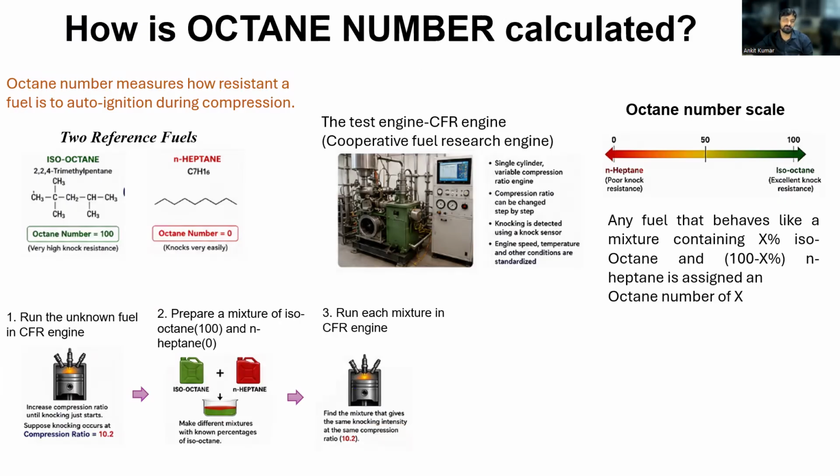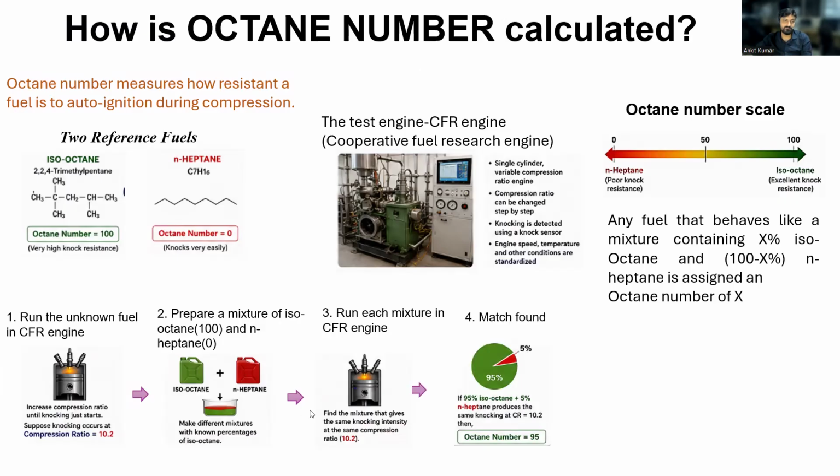Run each mixture that you have prepared using isooctane and N-heptane in the CFR engine, and find the mixture that gives the same knocking intensity at the same compression ratio of 10 to 2 as the unknown fuel. This is how you perform the experiment in a lab. For both cases, you measure the knocking using the sensor.